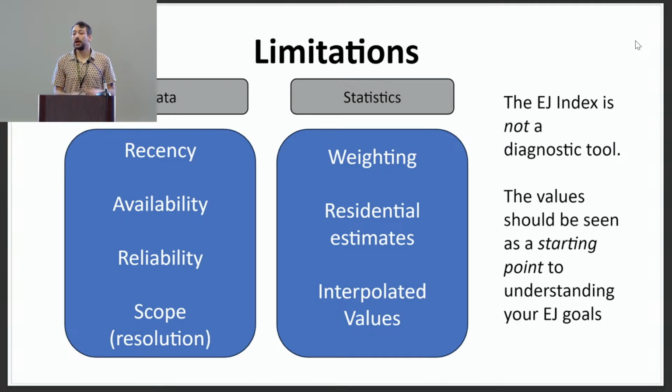No, not at all. What it's used for is as a starting point to do a deeper dive into your community's environmental issues. So if you look up your own community on the MD EJSCREEN or the EPA EJSCREEN, and you see something that surprises you, like your neighborhood has a pretty reasonable EJ score, maybe in the 20s or 30s, not perfect, obviously, but not that bad.